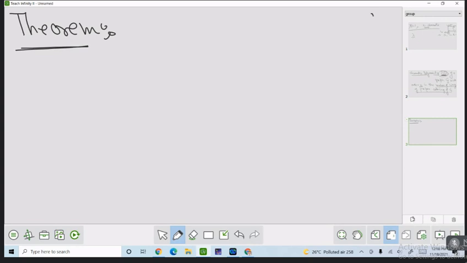You know about K_n and trees, and you know the properties of these two graphs. K_n is a complete graph with order n.